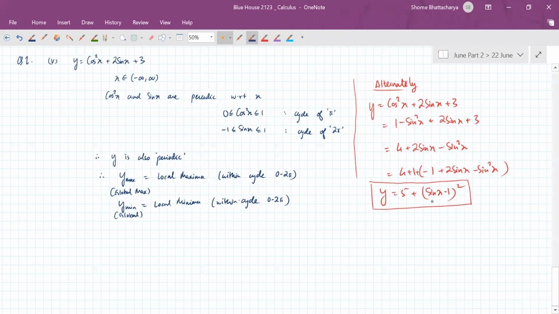For all real x, sin x is between -1 and 1.